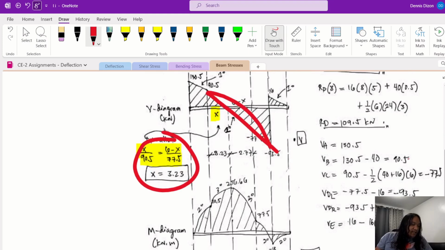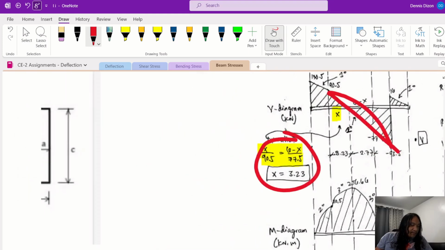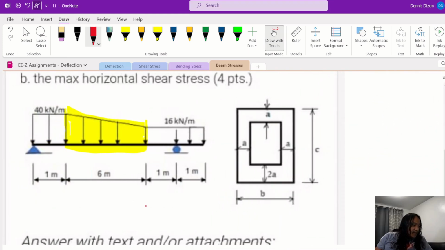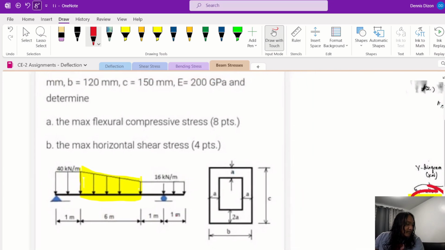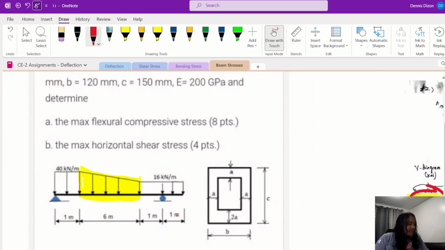So basically, the problem is to determine the maximum flexural compressive stress. Now, in this particular problem, we have a cantilever, right? So we have a cantilever. Now, if we draw the elastic curve of this beam, it would look like this one.